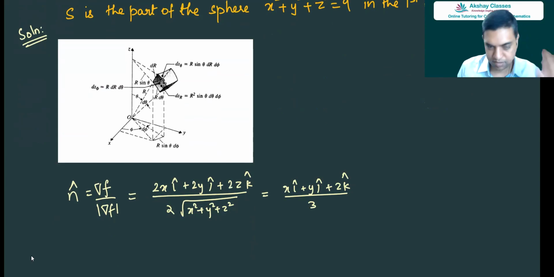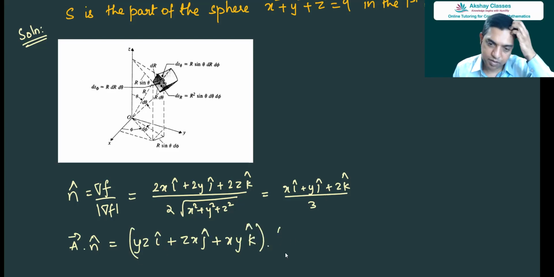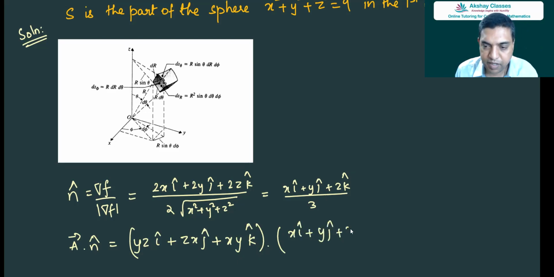This is the n cap. Now A dot n cap. A is given to be yz i cap plus zx j cap plus xy k cap, dotted with x i plus y j plus z k upon 3.